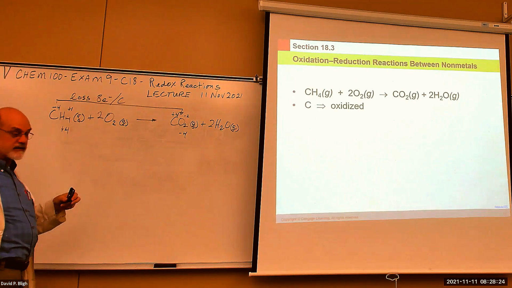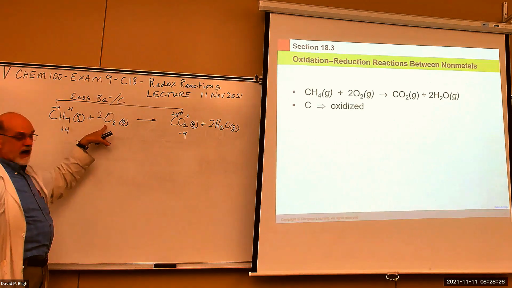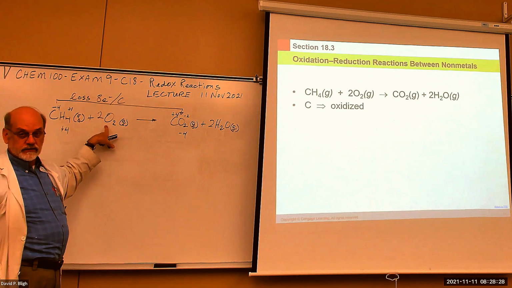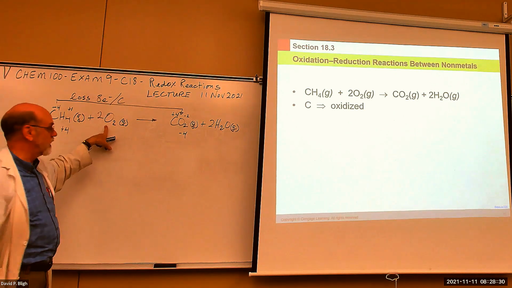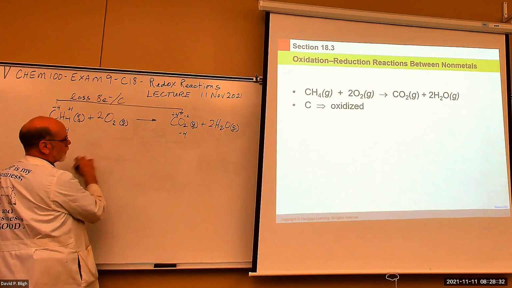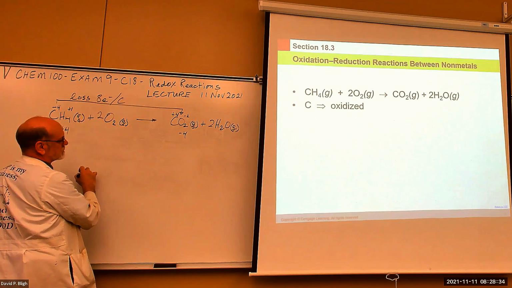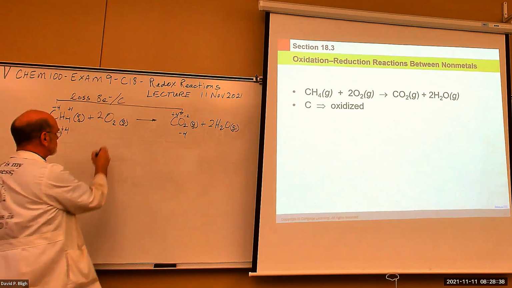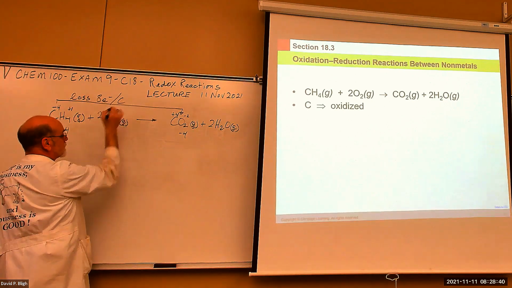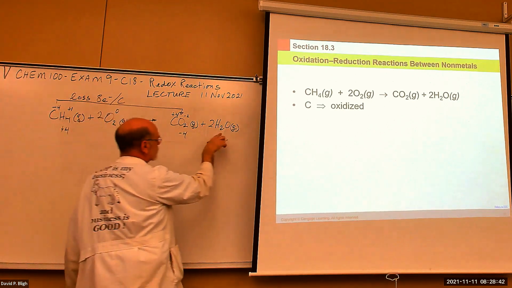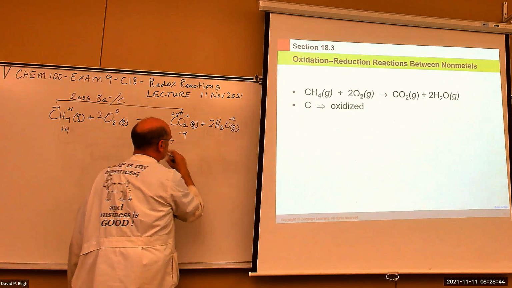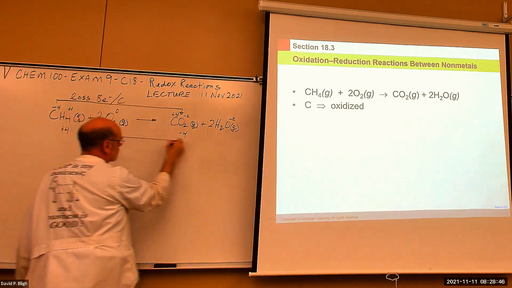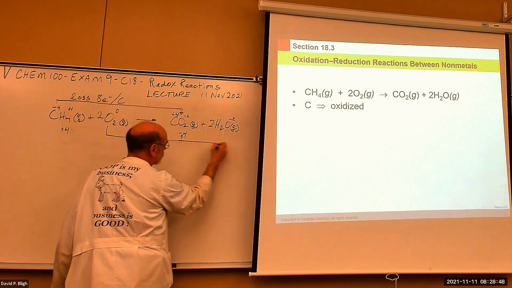That means oxygen had to be reduced. It had to gain electrons. So where did it go? Well, it went 2 places. It went from 0 here to -2, and here's -2. So it went here, and it went here.